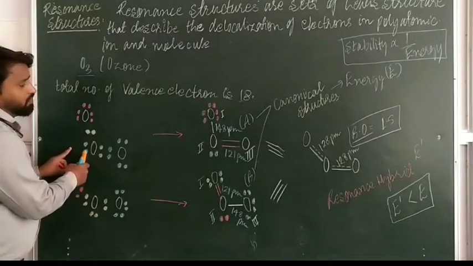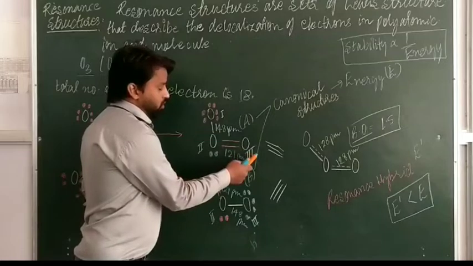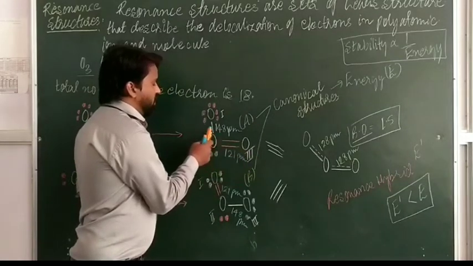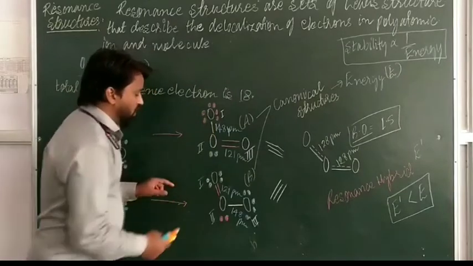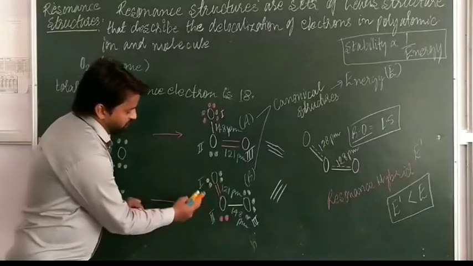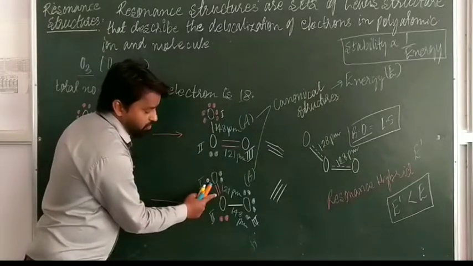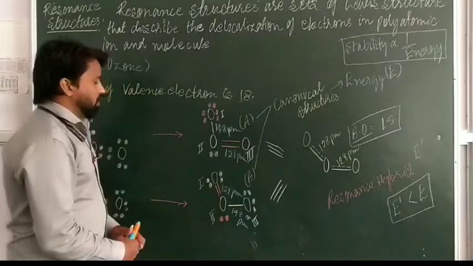In this molecule, the central oxygen atom has a double covalent bond to the third oxygen atom and a single covalent bond with the first oxygen atom, while in the other Lewis structure, the first and second have a double covalent bond and the second and third oxygen atoms have a single covalent bond.